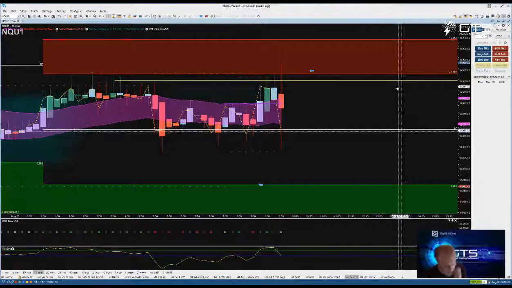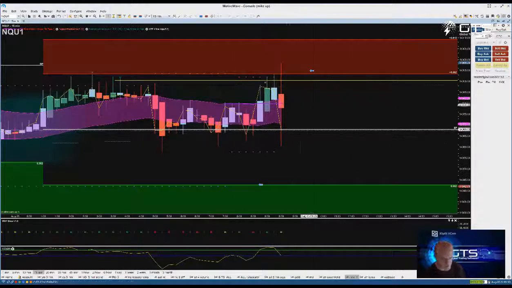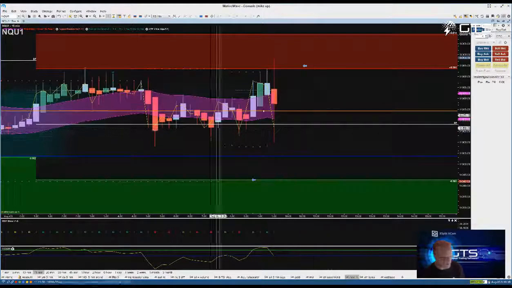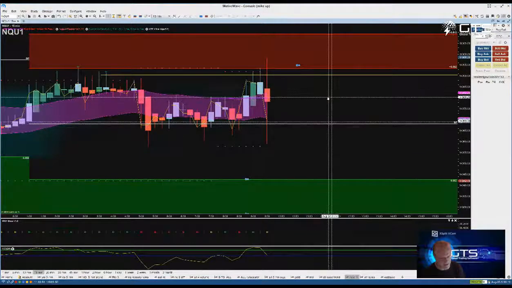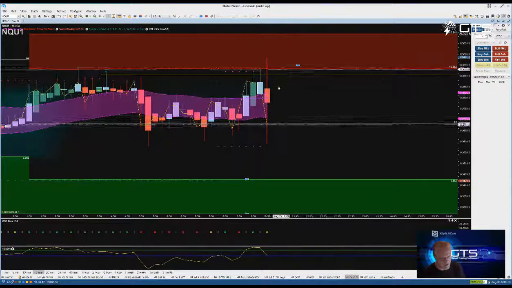Yeah, and the 15 is good because it slows the time down for us, and we can actually see what's really going on. Because you guys just saw the 1 minute look like an entry, but it wasn't, because look at the 15. It's not doing exactly what the other one was going to do. So we're waiting for this thing to reverse and go back up.